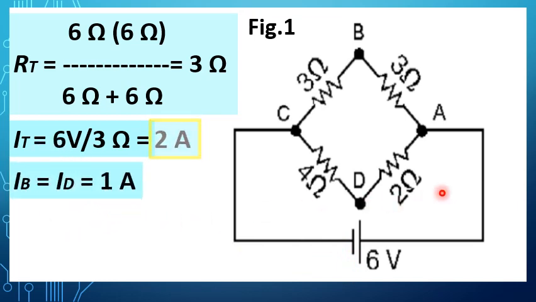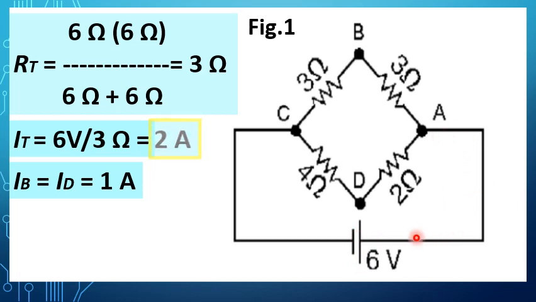Now, you will notice that there is a junction, which is point A here. Another junction is point C. So, imagine that the total current, 2 amperes, goes from the positive terminal of the battery.